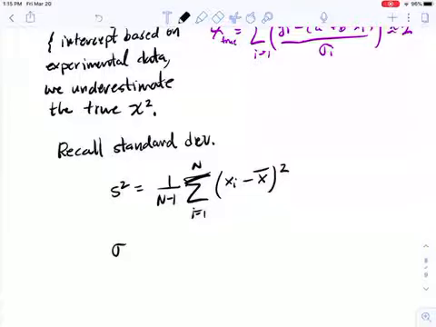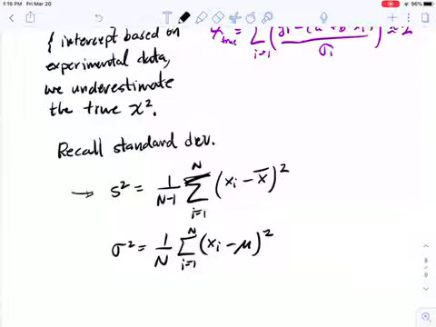Whereas if we somehow knew what the true mean was, then the equation for the true variance is 1 over n. And so we divide by a smaller number for s squared to compensate for the fact that the average x bar is not independent of the measured data.